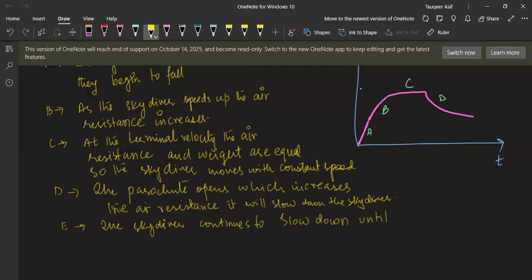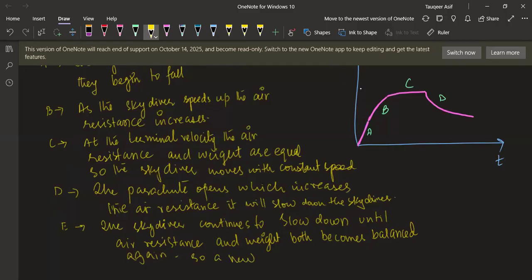Until air resistance and weight both become balanced again, and so a new terminal velocity is reached.